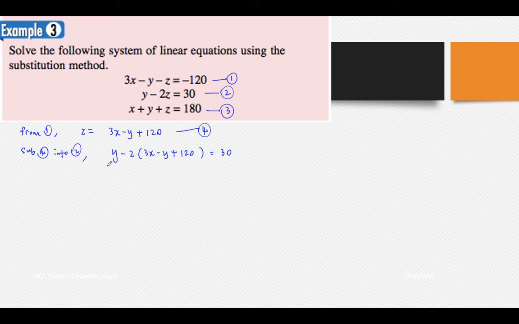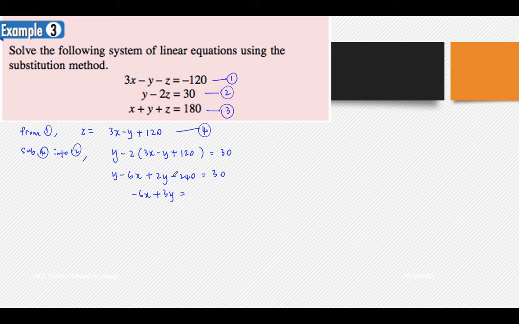Okay, we simplify this. 3 to 6x, negatif, negatif, positif 2y, negatif, positif, negatif 2 times 120, 240, sama dengan 30. So, negatif 6x. Ini 1 tambah 2 ialah 3. Okay.